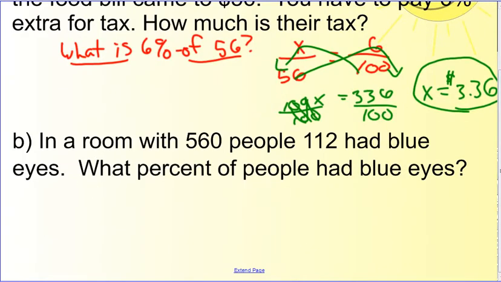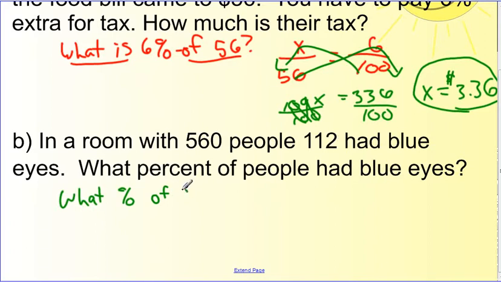Letter B. In a room with 550 people, 112 have blue eyes. What percent of the people had blue eyes? Okay, so we're trying to ask ourselves one of those questions. It's asking for percent. So I'm going to start with saying what percent. What percent of the room had blue eyes?